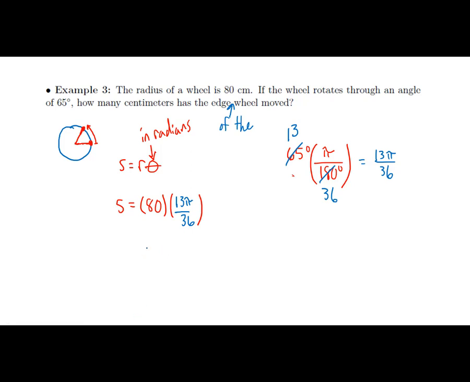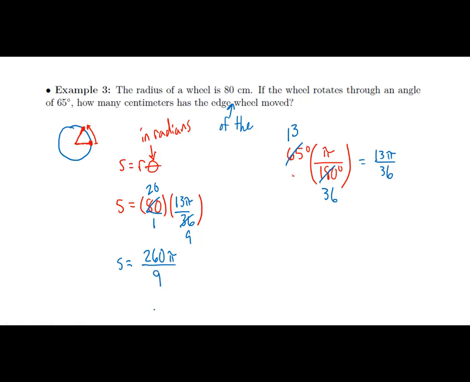Now here I could do a little bit of canceling if I like. We've got really 80 over 1 here, so these are both even. I know I can divide 36 by 4 to make 9, and I can divide 80 by 4 to make 20. And so S is equal to 20 times 13 pi over 9, which is 260 pi over 9.